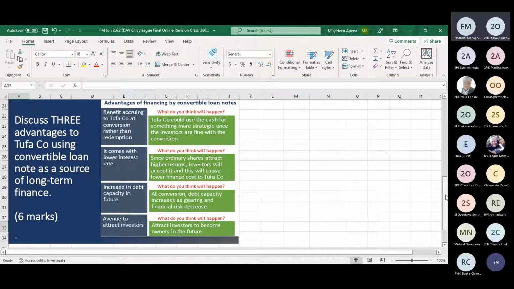So you can use that to attract the public to invest in your company through debt and then become part owners in future. So you attract investors to become owners in the future.